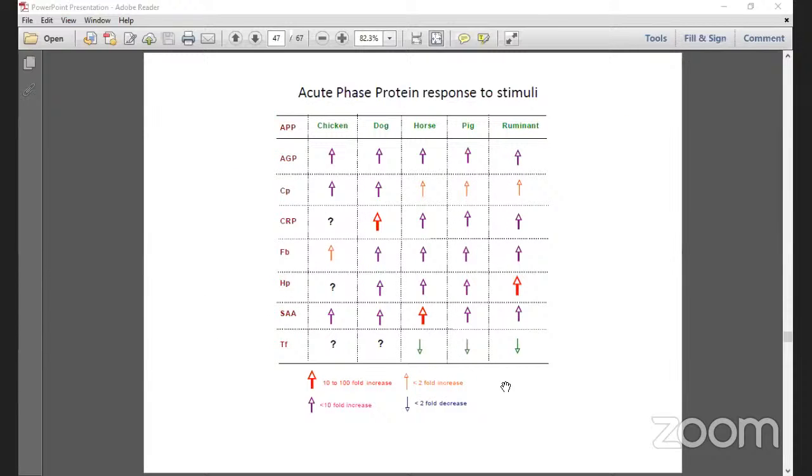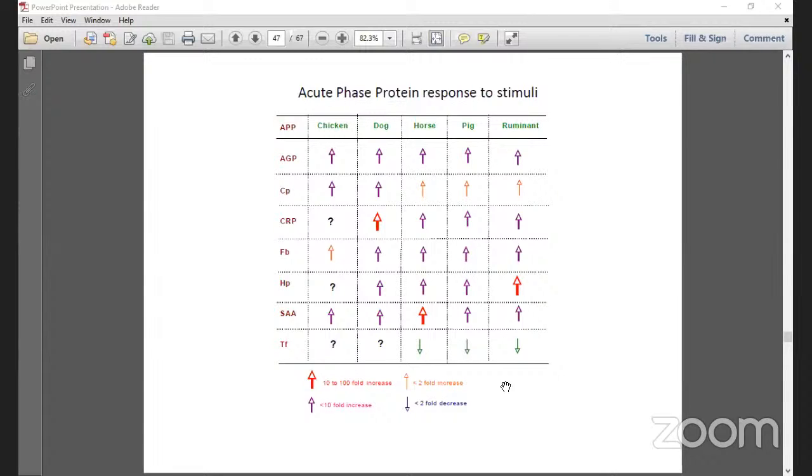And these are examples of the acute phase protein in response to stimuli. For example, dogs have a high concentration of CRP, C-reactive protein, and there is a product in the market to detect CRP level in dogs.